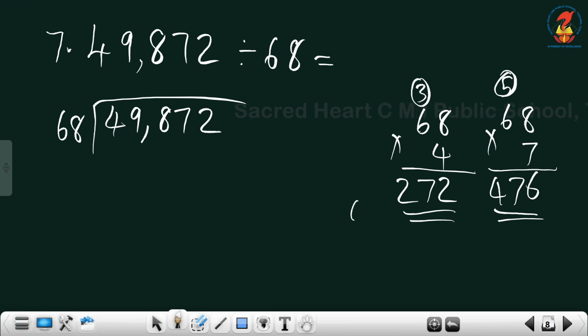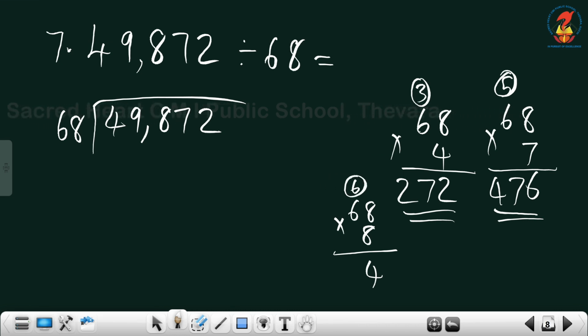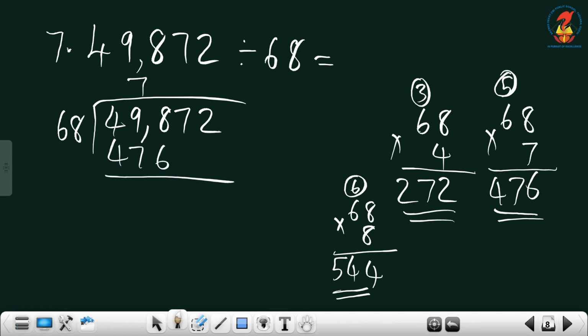Is it? And simply check 68 into 8 also. 8 8s are 64. 6. 6 8s are 48 plus 6 is what? 54. 544. Which number I need to take it here? Just below number only, right? 68 into 7 equals 476. Subtract 2, 2, 0.